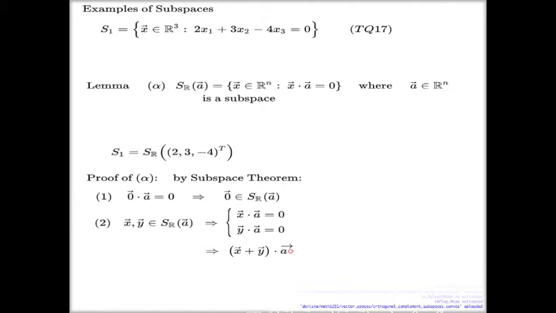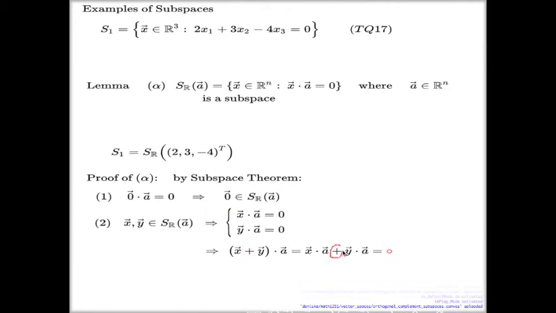Now, the next step is the key step in the argument. It will use the distributive law of the dot product, something I assume you know from your study of the dot products. If you dot product a vector with the sum, this is as good as if you dot product a vector with them individually, and then you do the plus. By the way, it's another instance of this multifaceted plus sign, because here the plus is the n-tuple plus, and here the plus is a numerical plus.